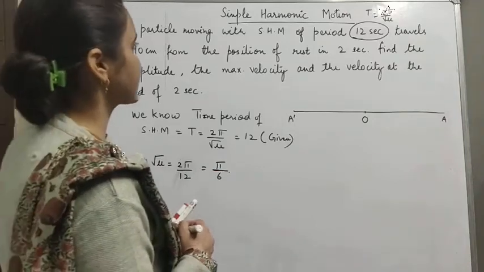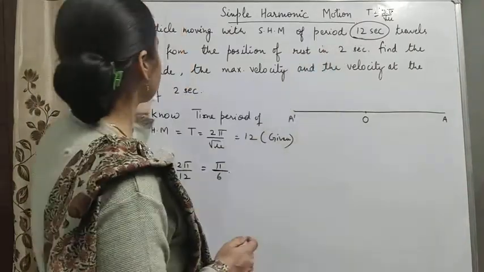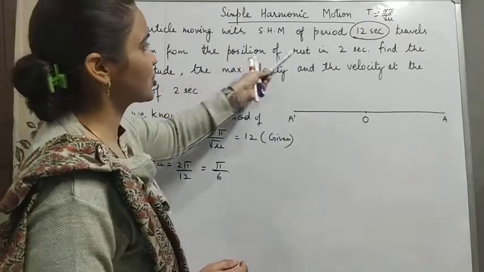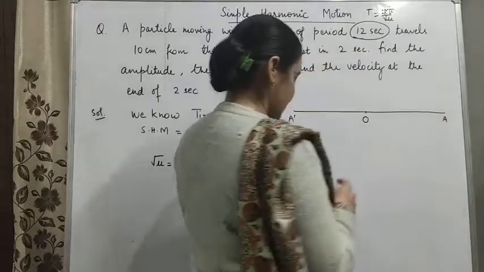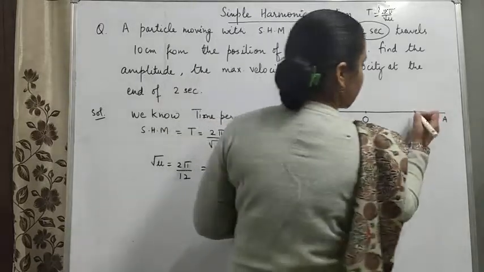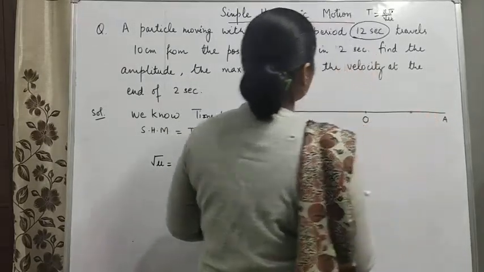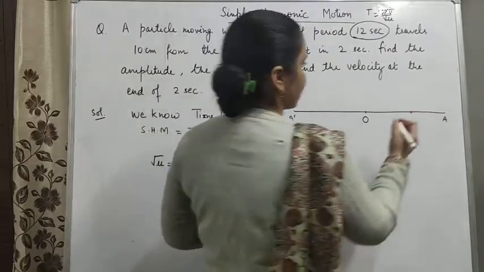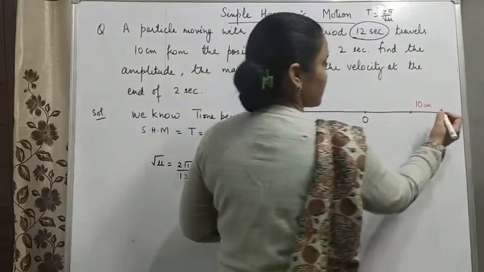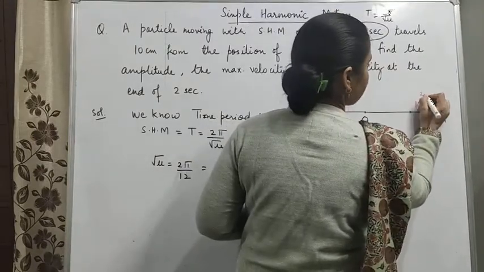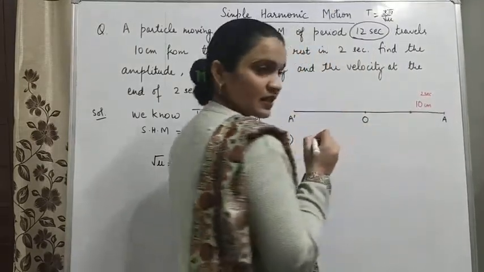Next, we will discuss it travels 10 centimeter from the position of rest in 2 seconds. So position of rest is this extreme point A. So in 2 seconds it will travel a distance of 10 centimeter. Clear?